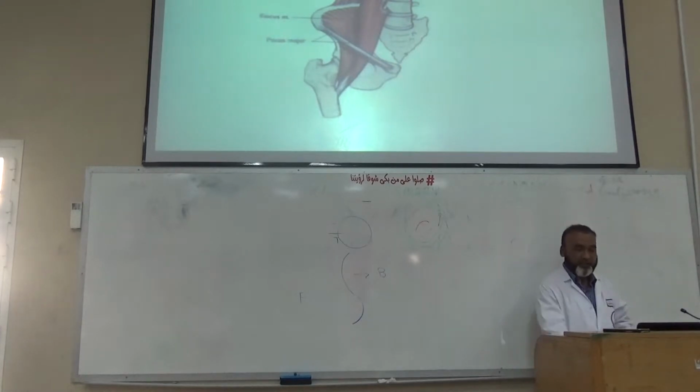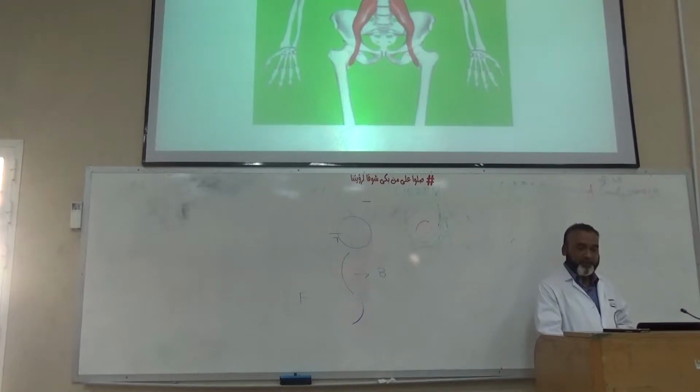So in this way you can see the origin of the psoas major muscle, which passes under the inguinal ligament to its insertion over the lesser trochanter of the femur. This is another view of the psoas major muscle.